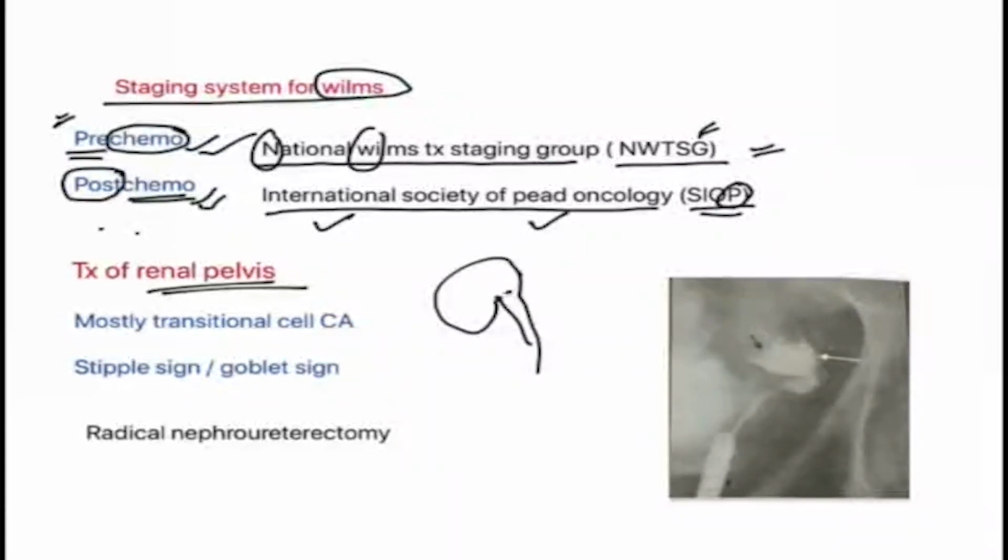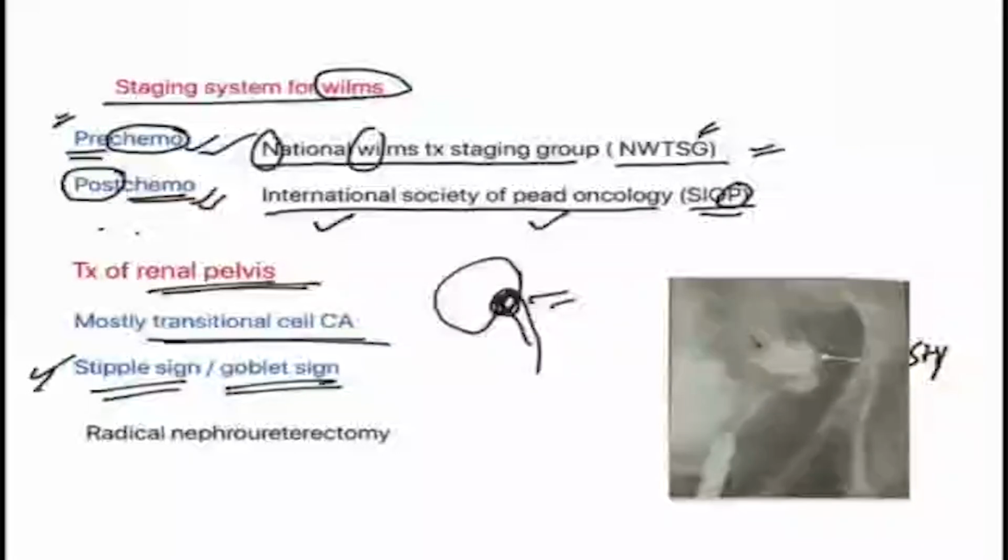Now there are some tumors of the renal pelvis, that is the kidney and ureter junction, this pelvis. So the pelvis tumors are mostly transitional cell carcinoma and steeple sign or goblet sign is present.